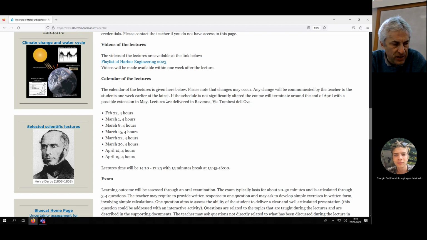I am checking whether it's possible also to make at least my part of the exam after the end of the lectures and before the formal end of the lecture calendar of the School of Engineering, which is June 9. In the past, I was not allowed to. In principle, I'm still not allowed, but I am negotiating with the school in order to be able to make a pre-exam in May because the students are asking me for this opportunity.